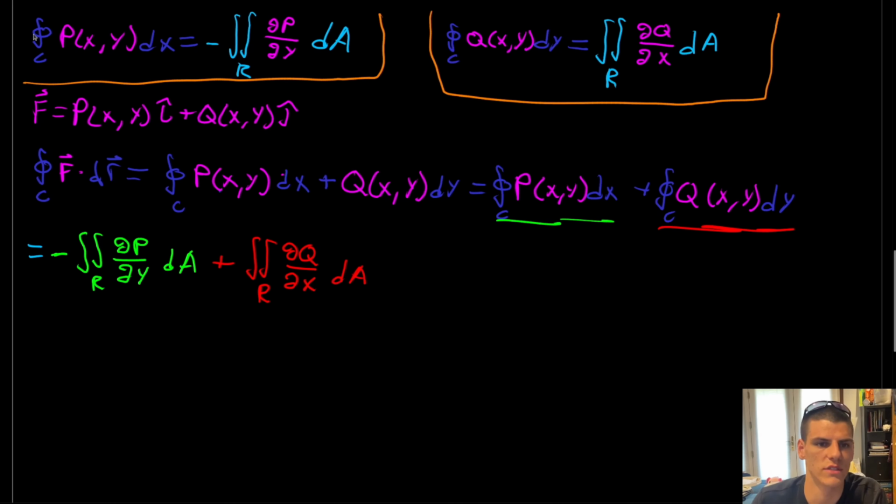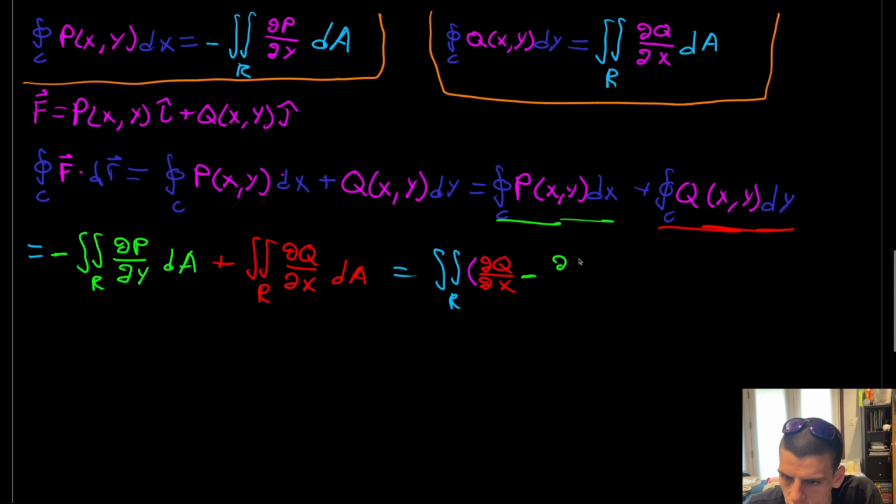And then we just combine those together and we have our result. So we have the double integral over R, and then inside of here, let's start with this one because it's positive, partial q partial x. And then we will subtract, because this one's negative, partial p partial y, and then dA. And if you notice, now we have stated Green's theorem here.